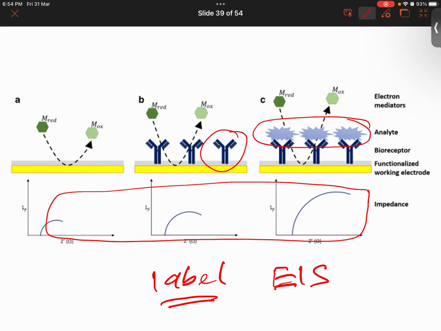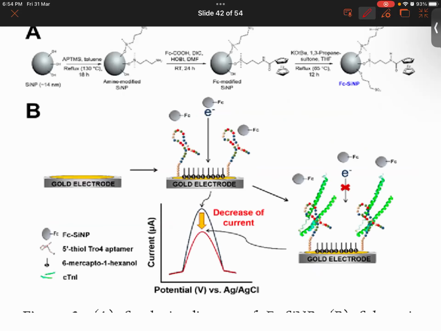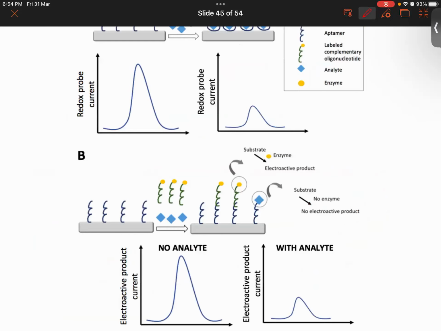You don't have to use enzyme, you don't have to use metal nanoparticle. By using EIS, we can detect the process straight away. This one I do not want to discuss with you because it is in fact a bit complicated. It is enough for you to at least know the idea of how electrochemical techniques are being used.